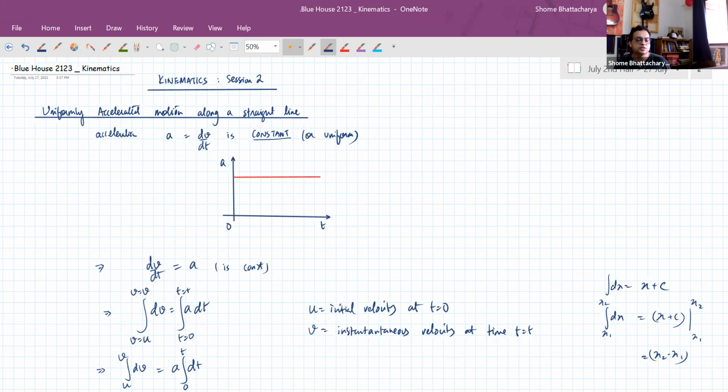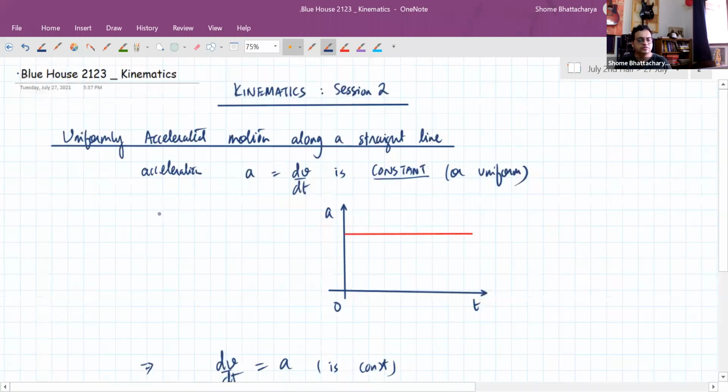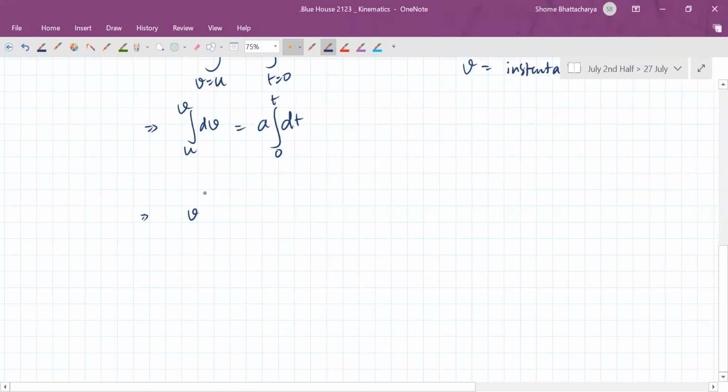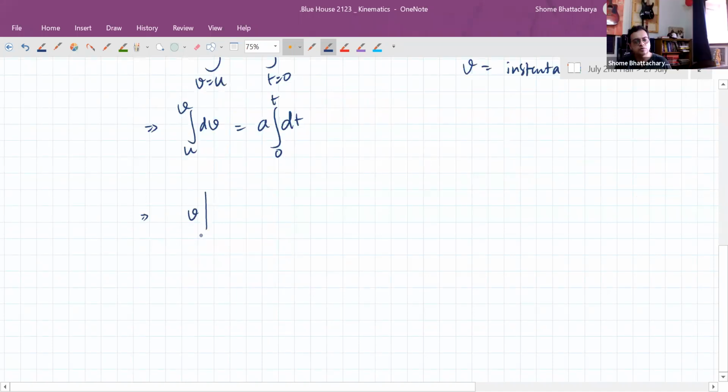Likewise, in this integration on the left hand side, this will be v from u to v.